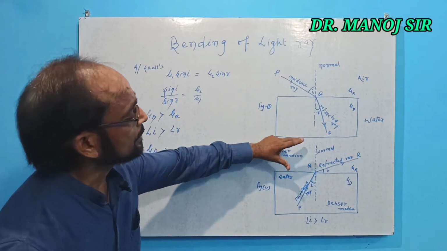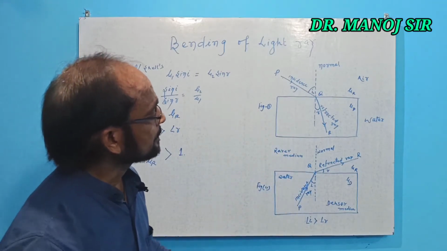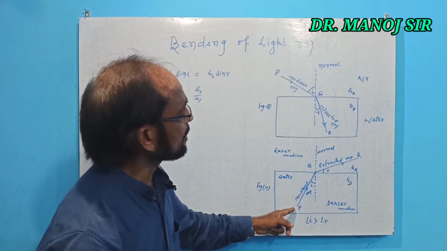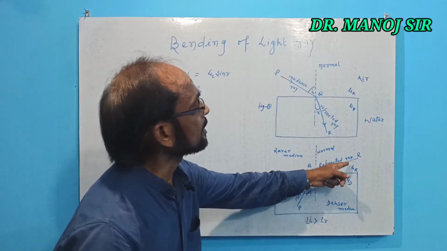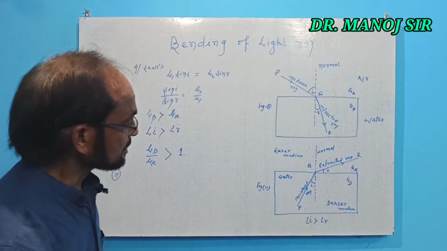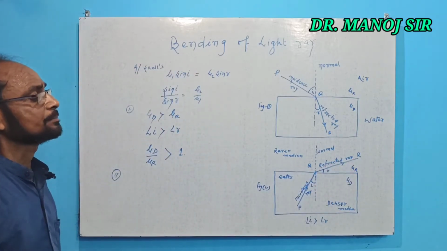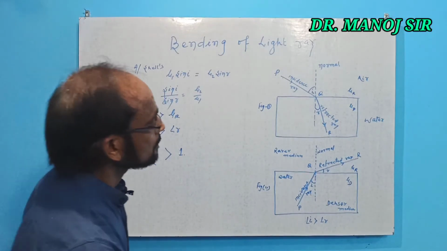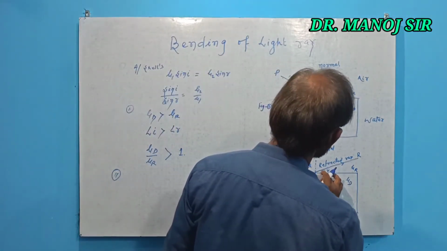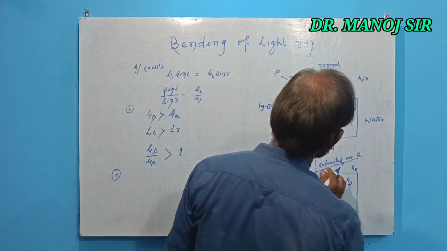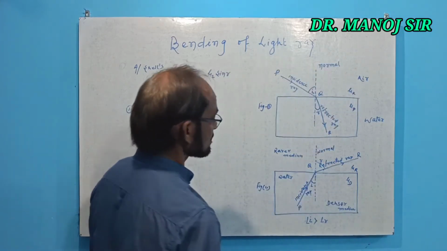Here we draw a diagram. Incident ray is coming from denser to the rarer.